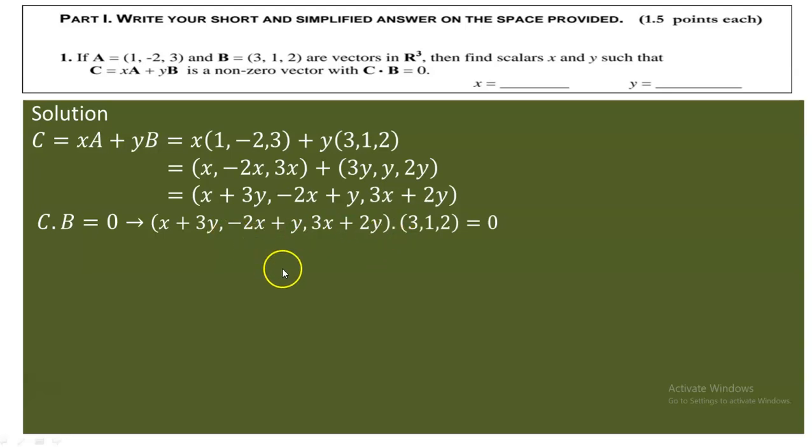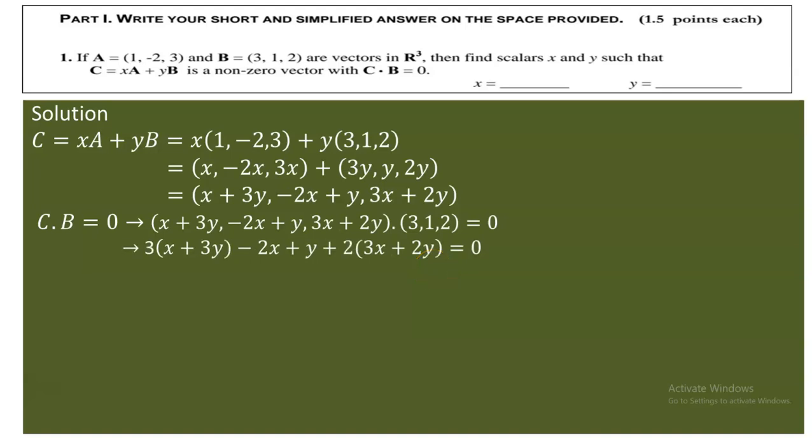What you need to do is multiply the x component of this one with the x component of the second vector. So 3 times (x plus 3y) is going to come, and then plus 1 times (-2x plus y) follows, and plus 2 times (3x plus 2y) is going to come, and this sum must be equated with 0.